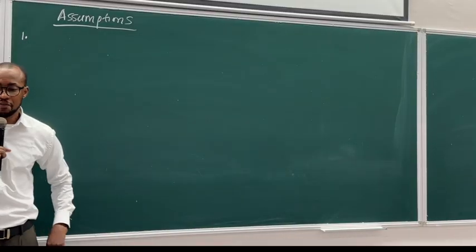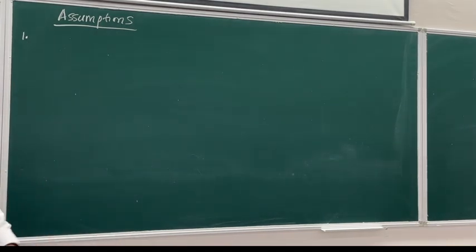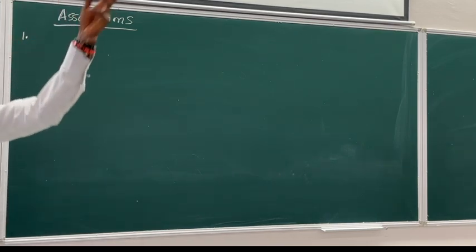The first assumption we make concerning the regression model: most of the assumptions we make about the linear regression model are made with respect to the error term, or the stochastic error term. So the first thing is we assume that the mean of the error term, the expected value of the error term, is 0.